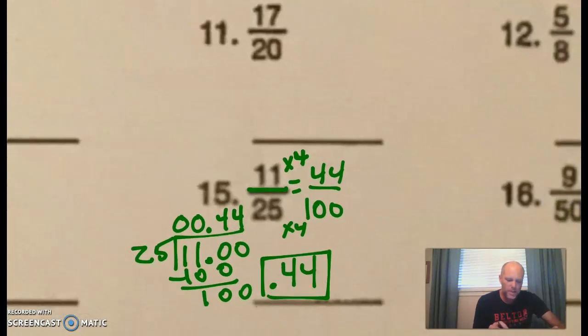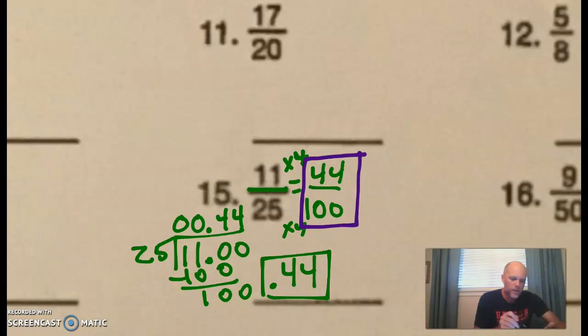Now we have to write it as a percent. Remember, a percent is a number out of 100. Some of you probably are like, all right, I already know the percent. And you should, because it's 44 out of 100. And what is a percent sign made out of? I'm going to use 3 different colors here to show you.